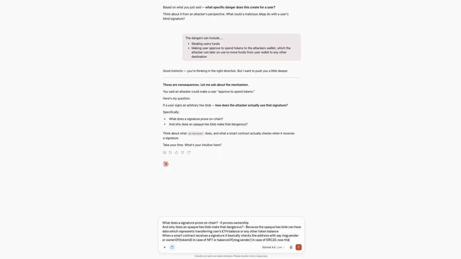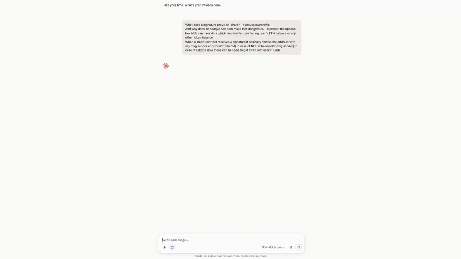Now these can be used to get away with users' funds.